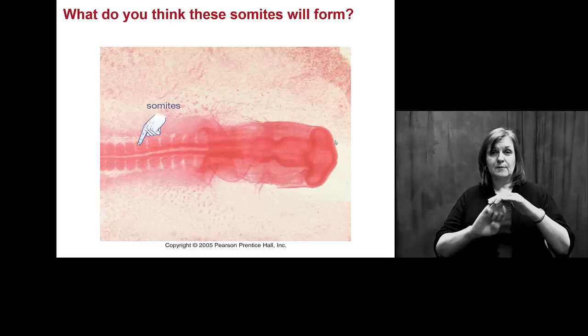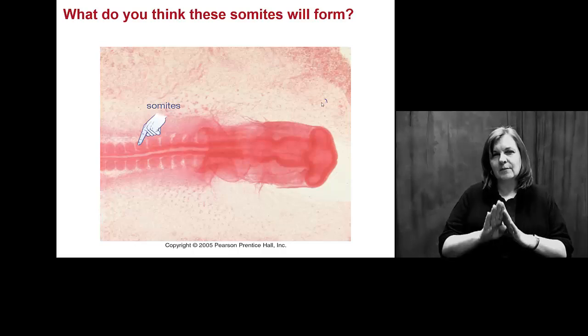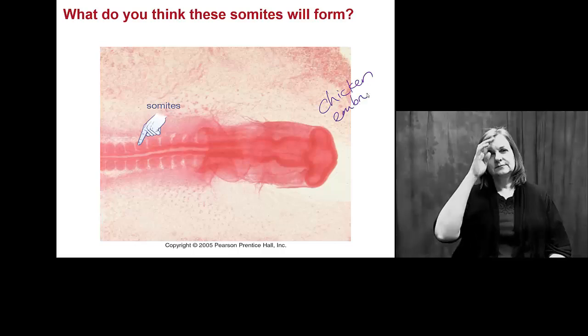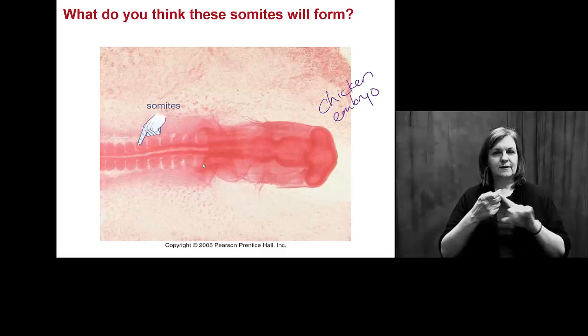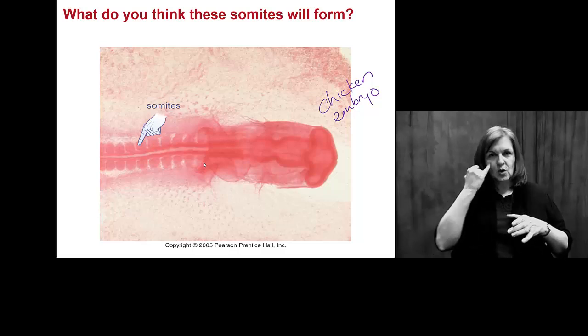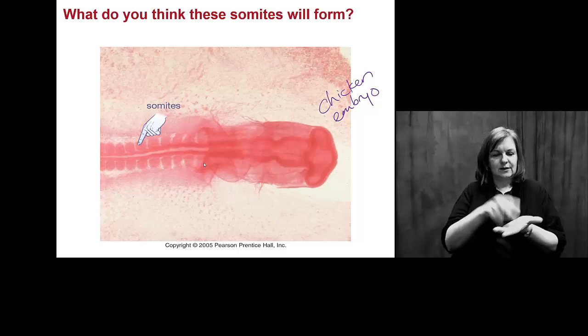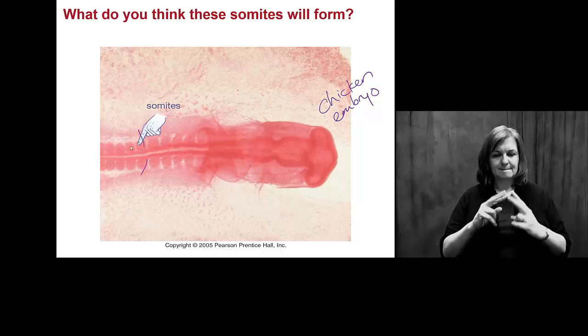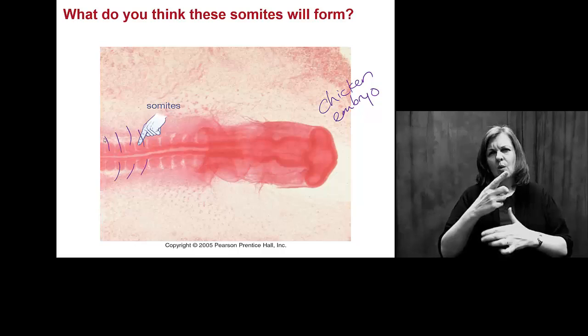Here's a chick embryo, very early in development. So a chicken embryo. And you see the somites. This is from the dorsal side, so looking down on the back, as if you were laying on your stomach and someone was looking at your back. These somites come off in pairs, as you see.